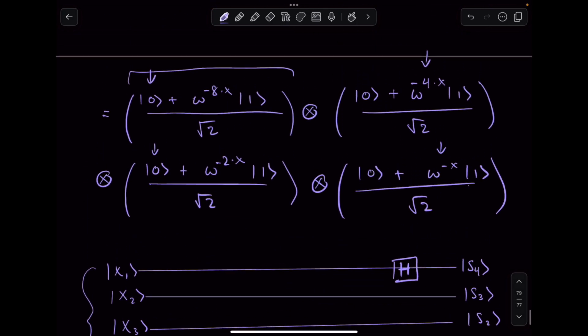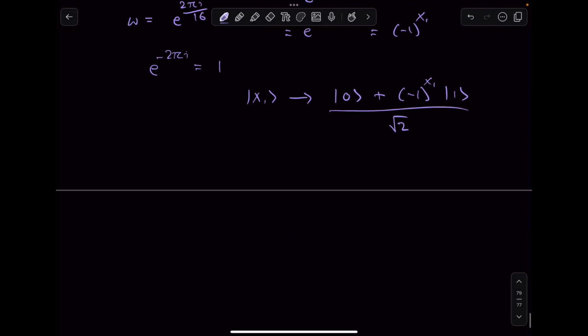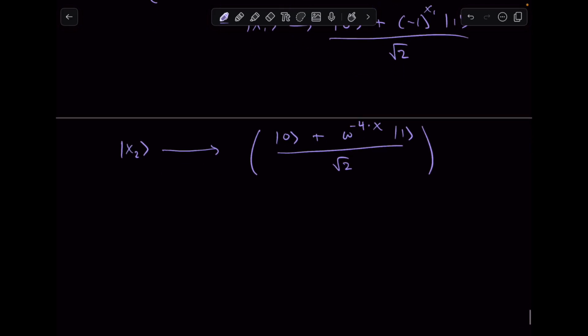Okay, so moving on. Let's take a look at the second qubit. We want to go from x2 to 0 plus the 16th root of unity to the power of minus 4 times x, 1. This is the thing that we want.